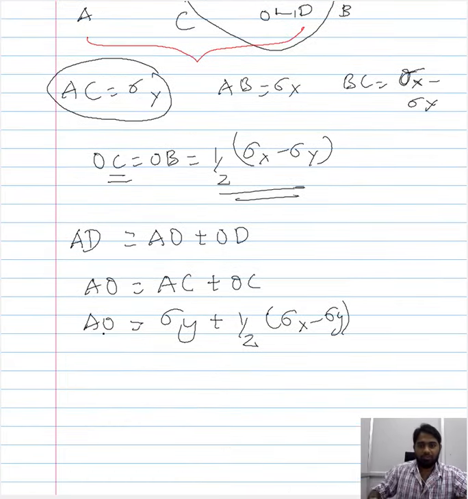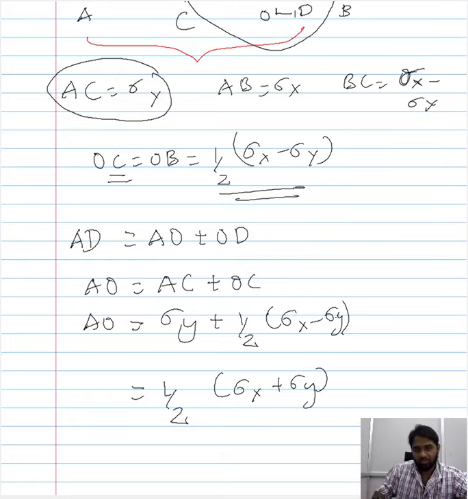So when we bring this 1 by 2 inside, all you would end up with is 1 by 2 of sigma x plus sigma y. It's just that you are multiplying the 1 by 2 and then subtracting it. Now, what we have is an expression for AO here.